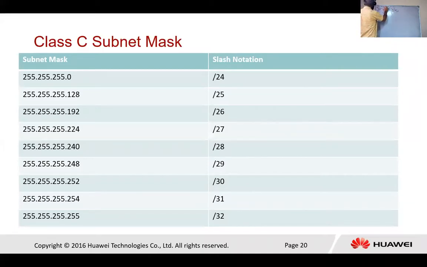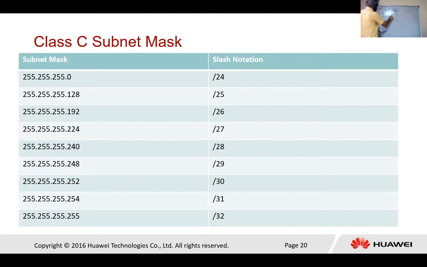It is 32 bits, because each octet contains 8 bits, so 8, 8, 8 and 8 bits make 32 bits. Then to find n, we calculate 32 minus 26, the slash notation, which is equal to 6. That means n is equal to 6.